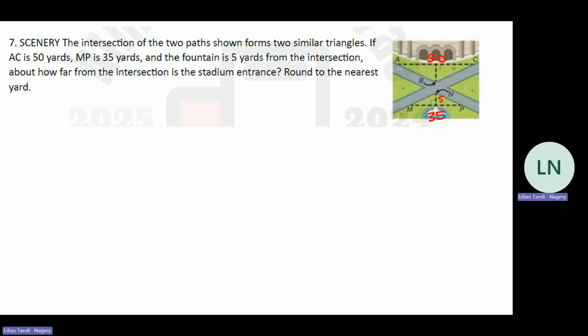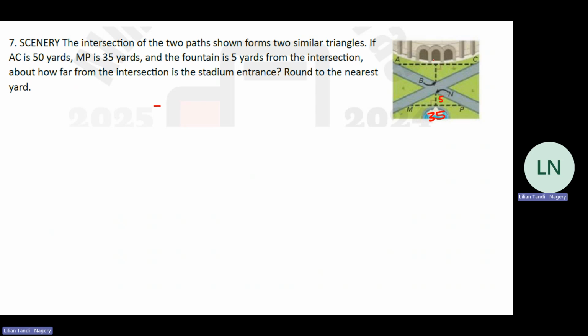How far is the entrance of the stadium from the intersection? So that will be 50 over, let's call that X, equals 35 over.